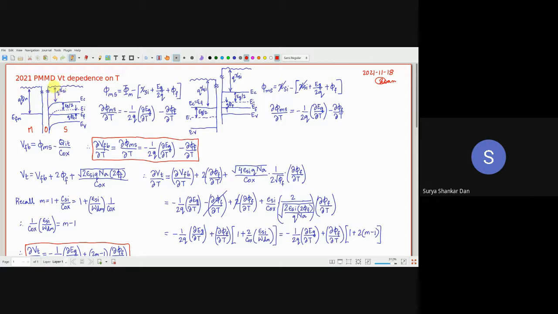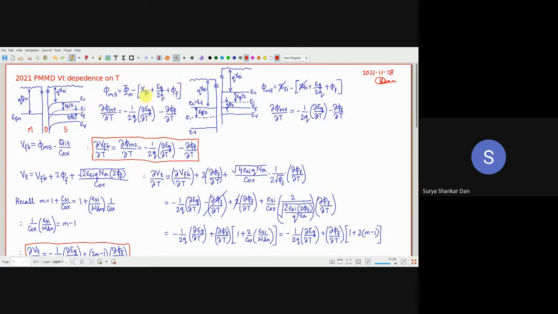Now, this is Q Xi silicon, then Eg by 2, and this is Q phi f. So essentially, the theoretical work function on the silicon side is given by Xi silicon plus Eg by 2Q plus phi f. That's exactly what I have written here.